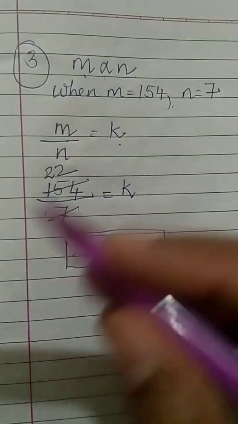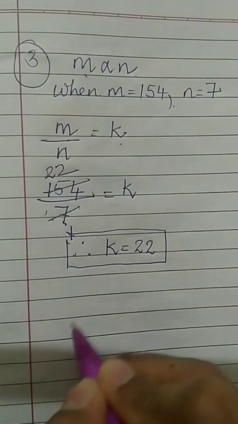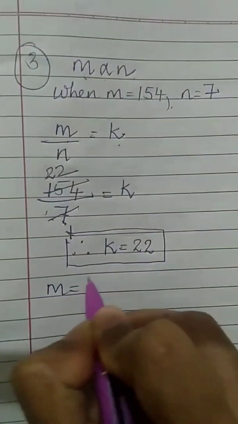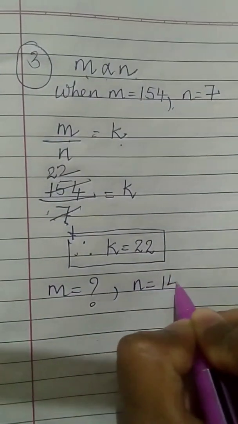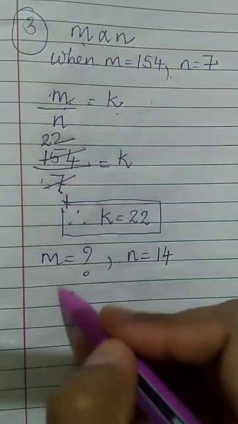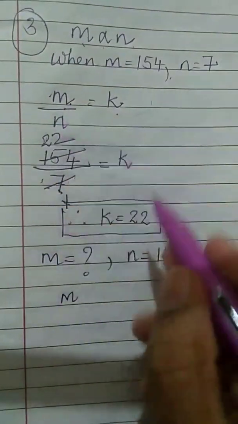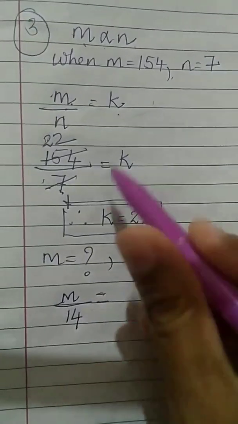Now let us find the values for the given question. They have asked to find the value of m. m we don't know, so put a question mark, when n is equal to 14. Copy the same. In place of m, you will write m only because we don't know m. In place of n, write 14 is equal to k.